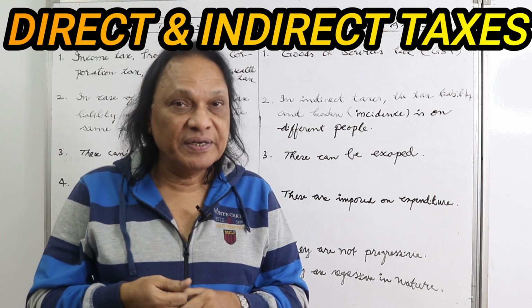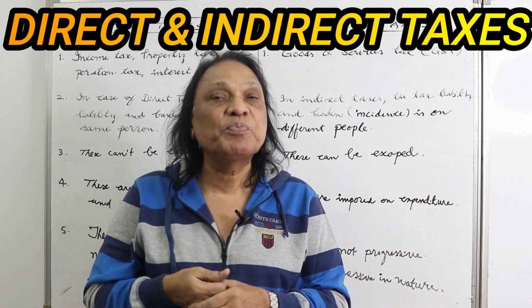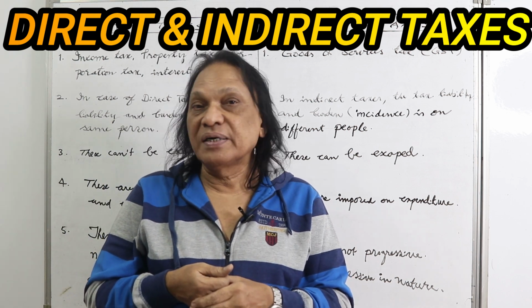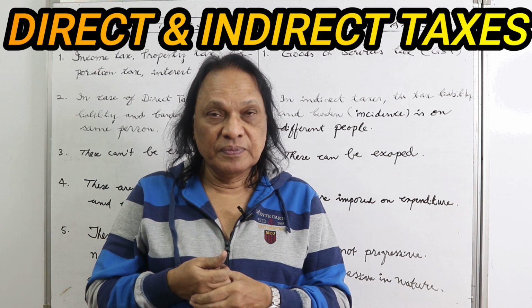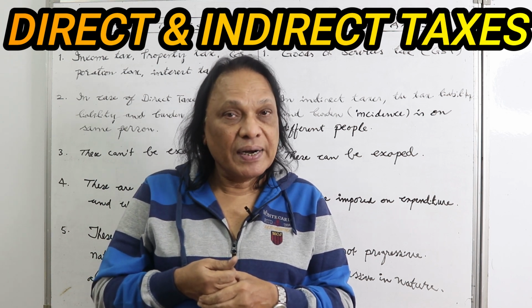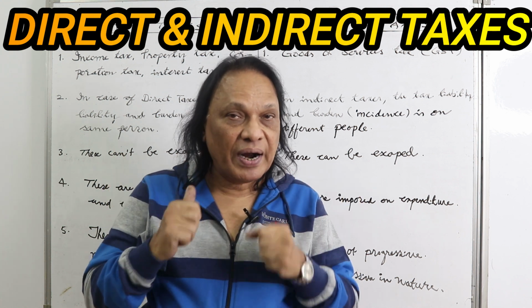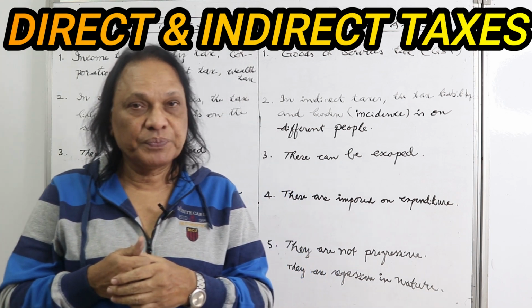We have seen there are two parts of a budget, revenue budget and capital budget. And we have also seen revenue receipts and capital receipts, revenue expenditure and capital expenditure.